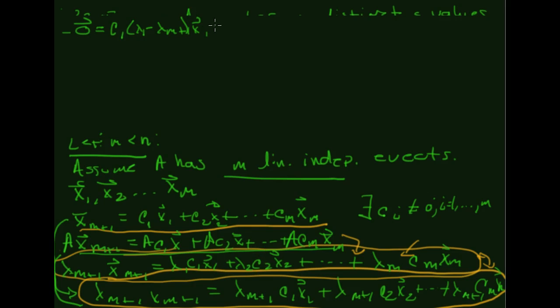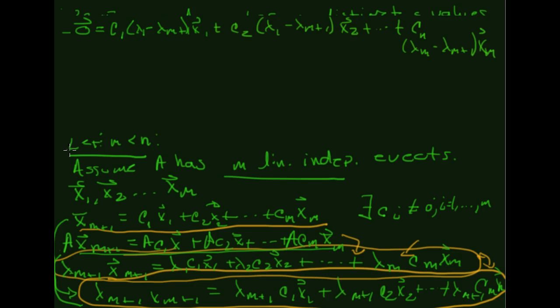Then I can do that again, continuing going forward. c2 is lambda 1 minus lambda m plus 1 x2, out to cm. That's going to be lambda m minus lambda m plus 1 xm. So that equals the 0 vector.